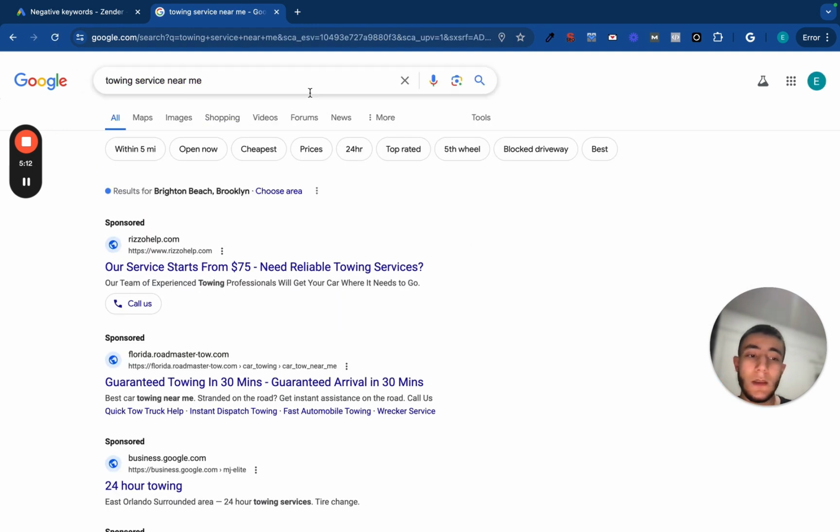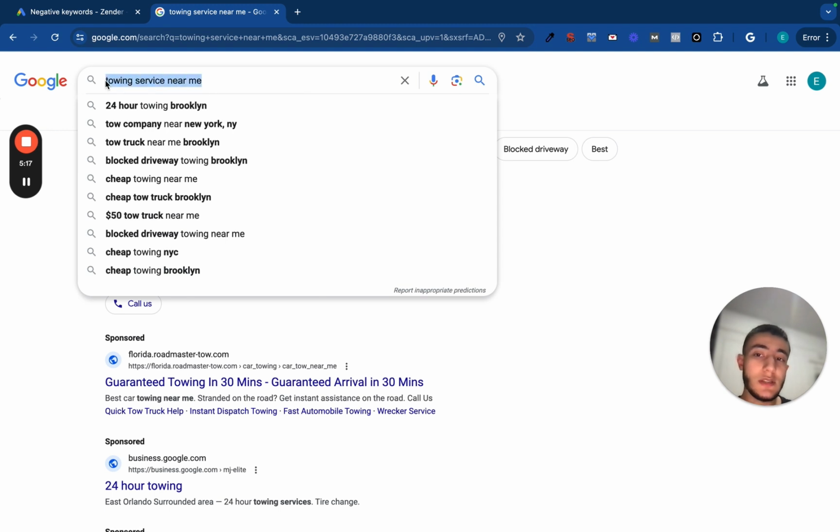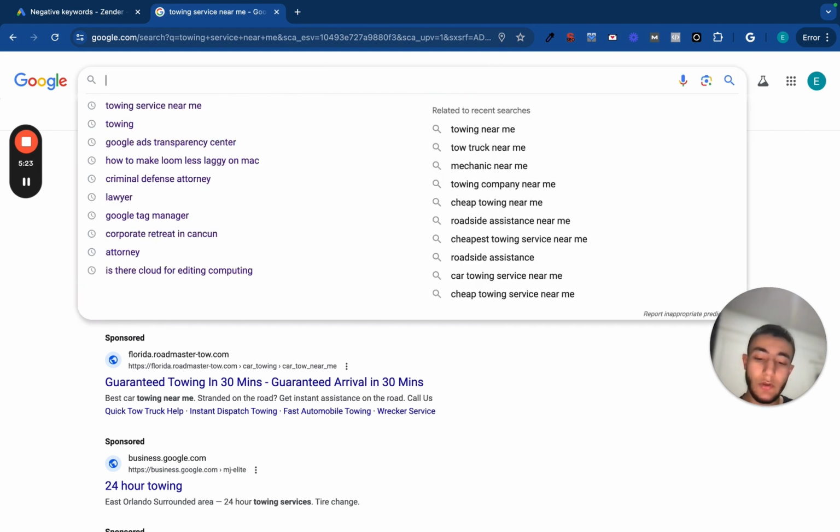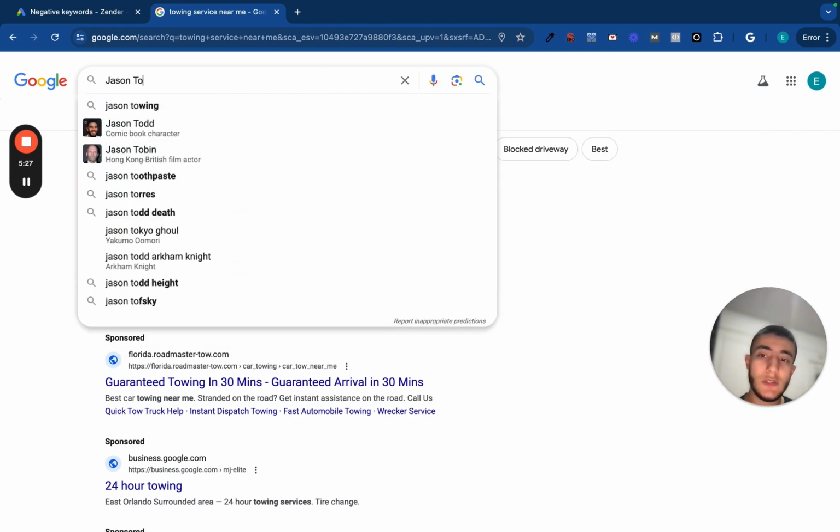Usually, brand names are cheaper than the actual search terms which generate traffic. What I mean is, for example, towing services near me is much more competitive than a brand name, for example, Jason Towing Services.